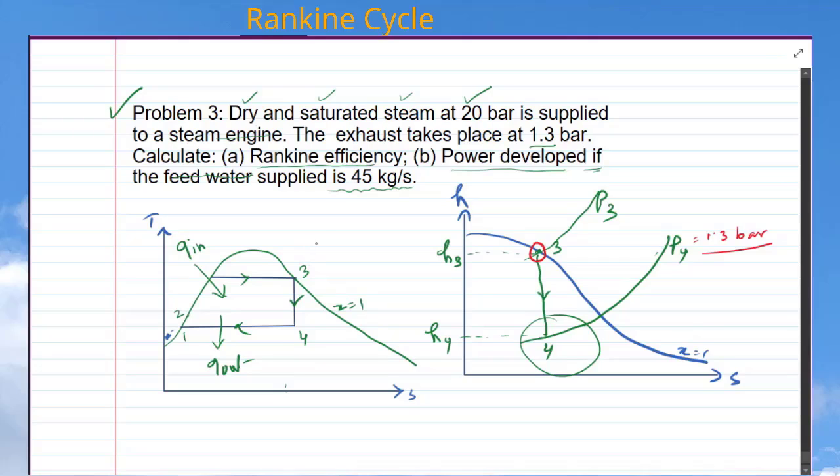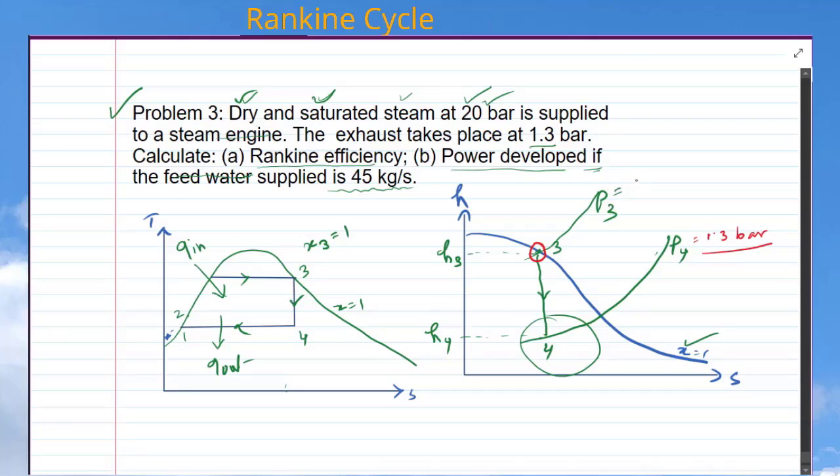In this case x3, the dryness fraction of the steam at point 3, is equal to 1, because it is given that dry saturated steam at 20 bar pressure enters the turbine, or heat engine. So similarly this is x equal to 1.